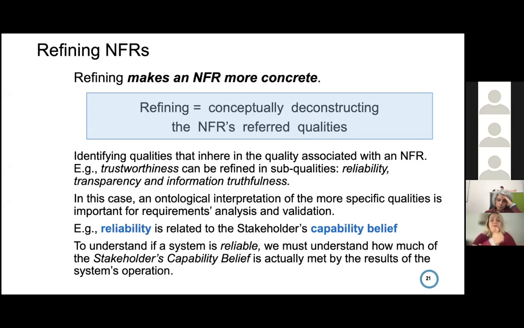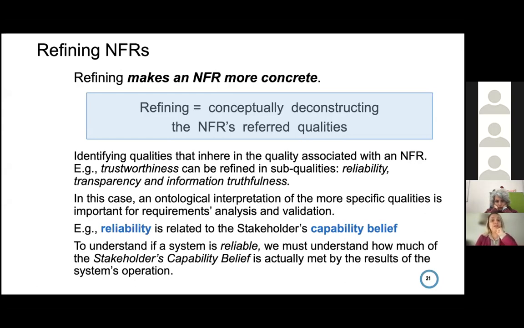So if we think about these three qualities, it's important that we also try to understand ontologically what they mean, because this will give us some idea of how to deal with such a requirement and even validate it.